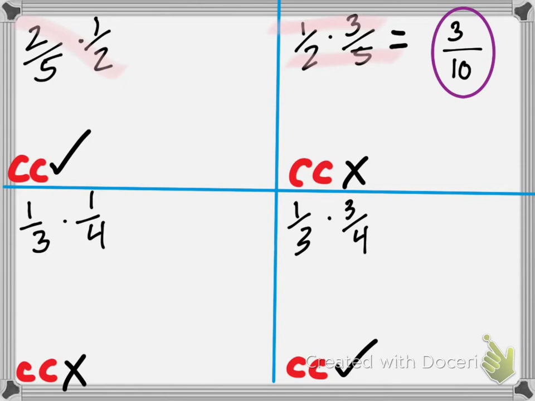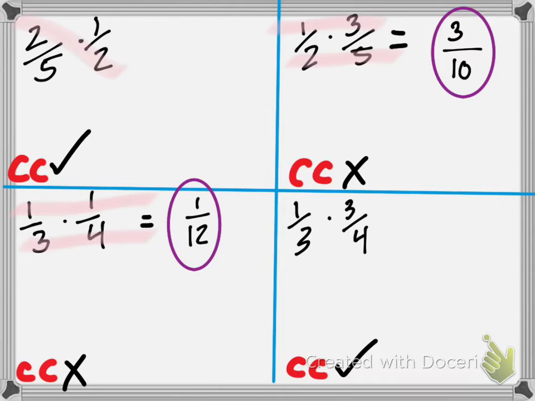We don't need to make it into a mixed number. Let's do our other one that we don't have to cross cancel. Elias, what is 1 times 1? 1. What's 3 times 4? 12. And that's a proper fraction, so we're done.